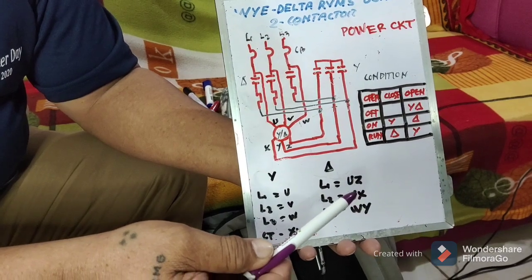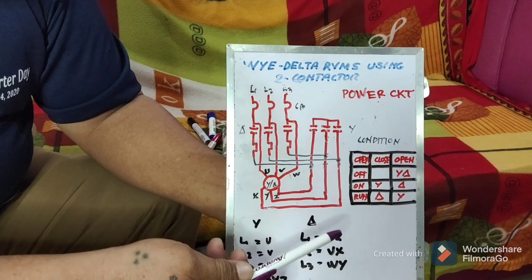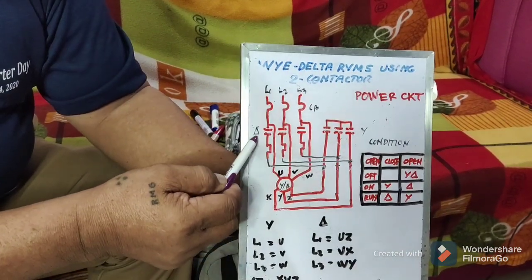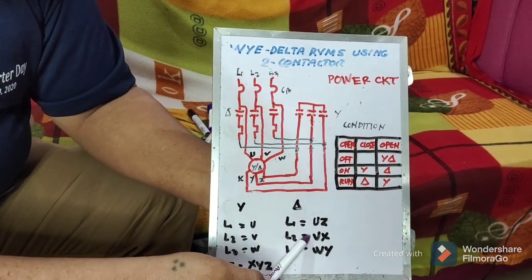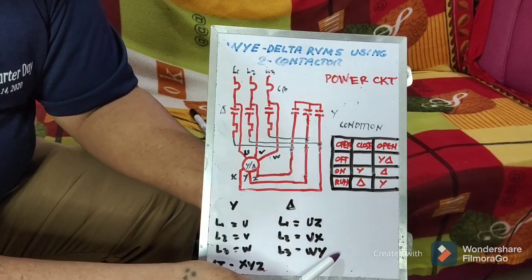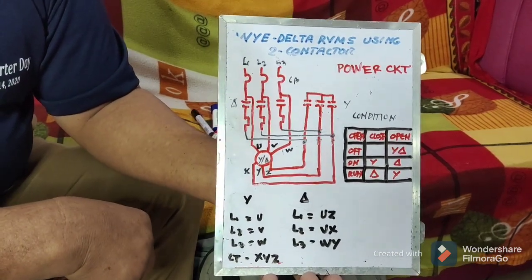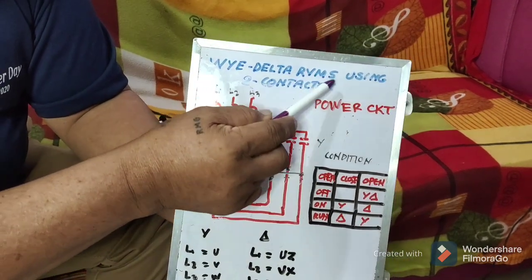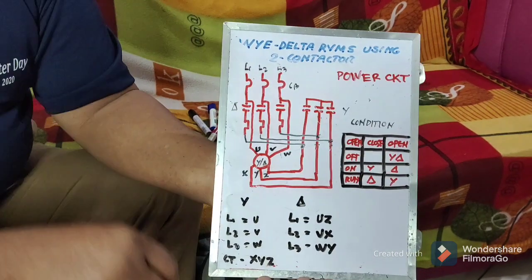After a few seconds, after the time transition, the Y will open and the delta will close, short-circuiting the U and Z together, V and X together, and W and Y together. So that is the power circuit of your Y delta reduced voltage magnetic starter using two contactors.